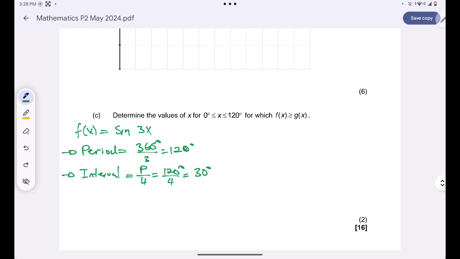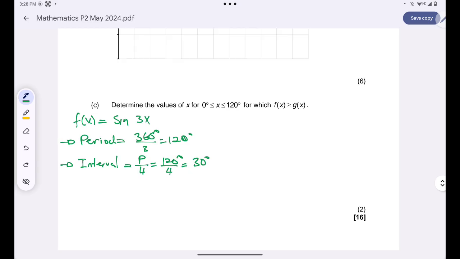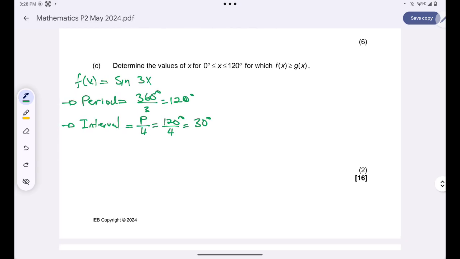All right, together. So this simply means that from the starting point, after every 30 degrees, I'll either get the x value at a turning point or the x-intercept of my graph. The interval tells me about the x value at the turning point or the x-intercept of my graph, right? So after finding the interval, all I need to do is to use my unit circle.